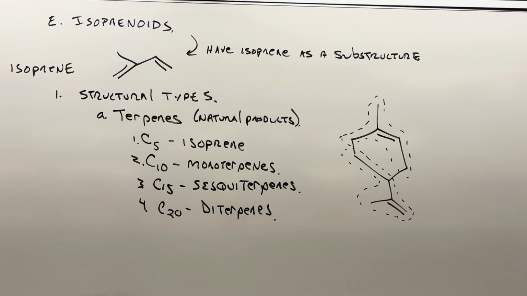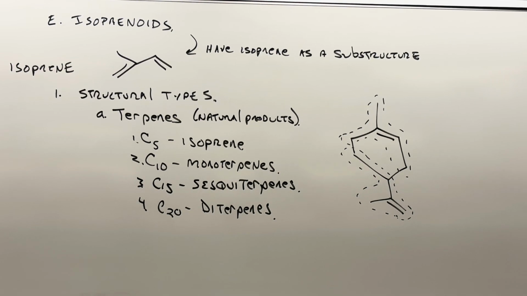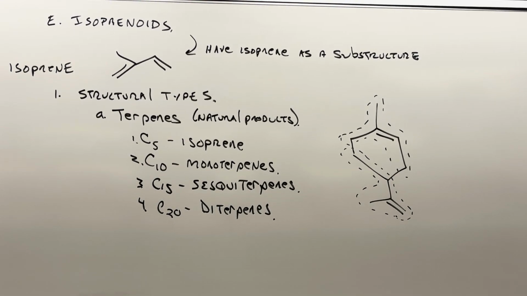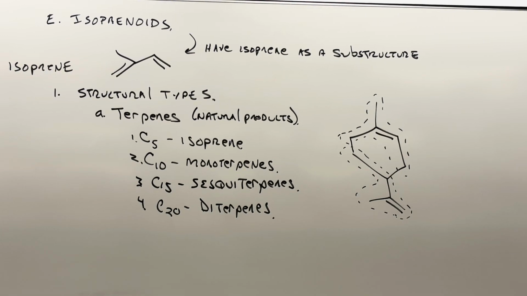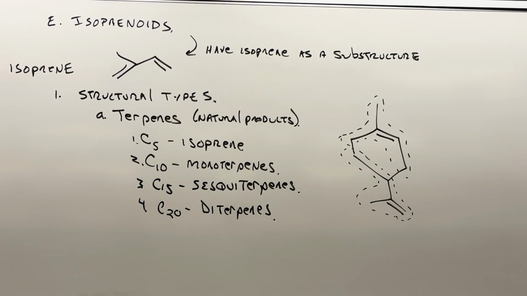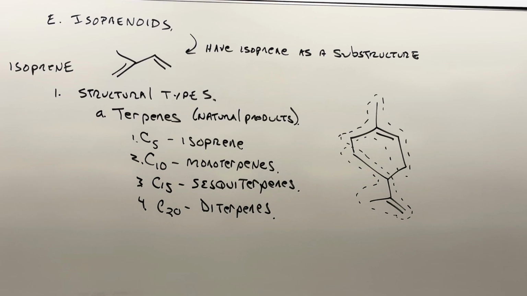All right. The next structural class we'll talk about is carotenoids. And these are C40 compounds. And I'm not going to draw the structure. I'm going to show you some structures a little bit later. So these are light harvesting pigments in photosynthesis. So we'll see that when we talk about photosynthesis.